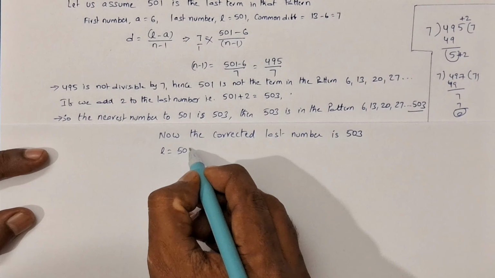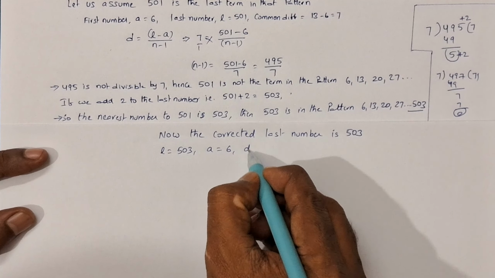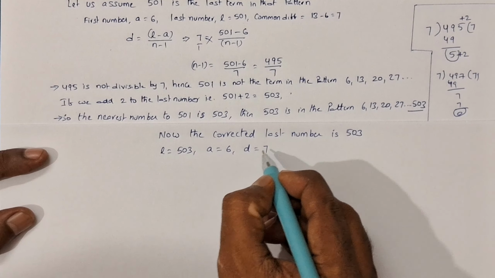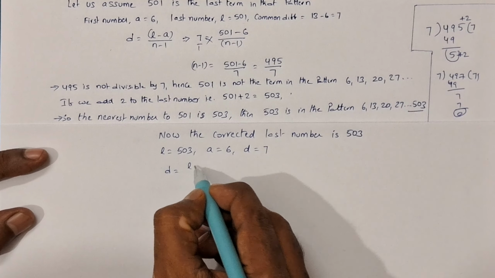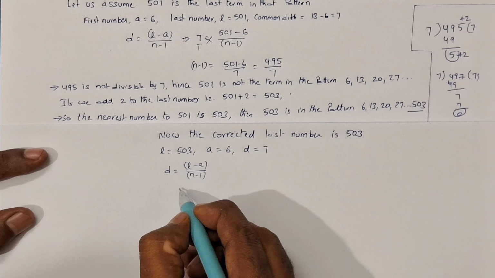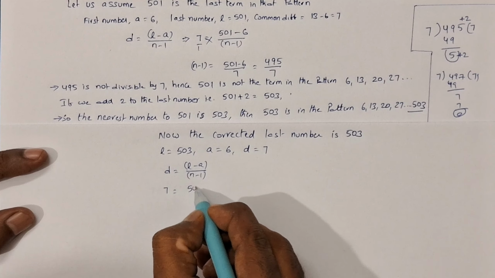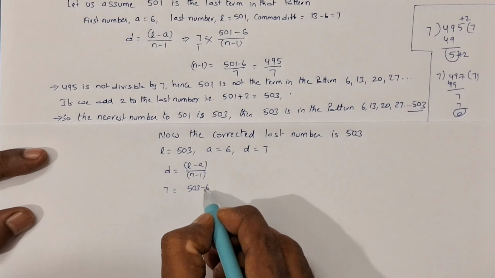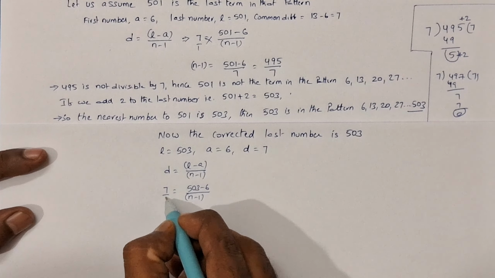L is equal to 503, A is equal to 6, D is equal to 7. By using the above formula, D is equal to L minus A divided by n minus 1. D is 7, L is 503 minus 6 divided by n minus 1.